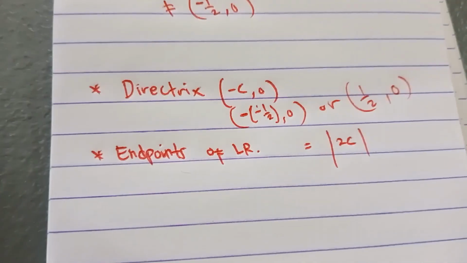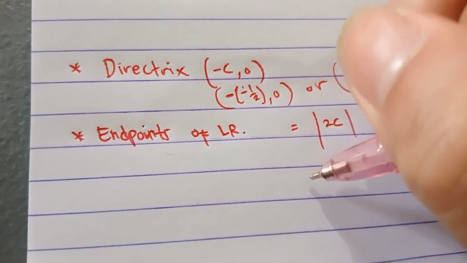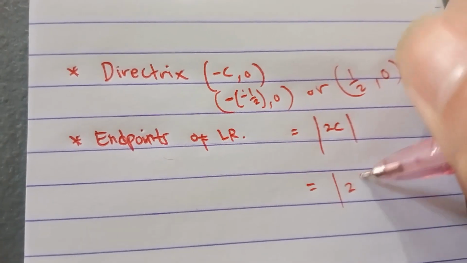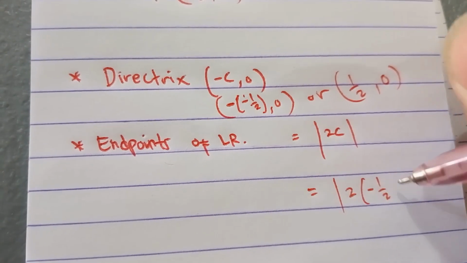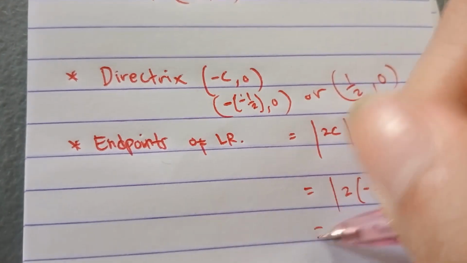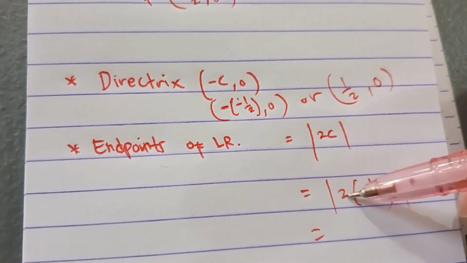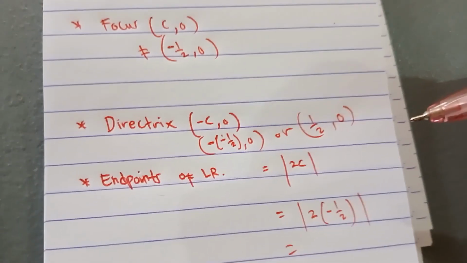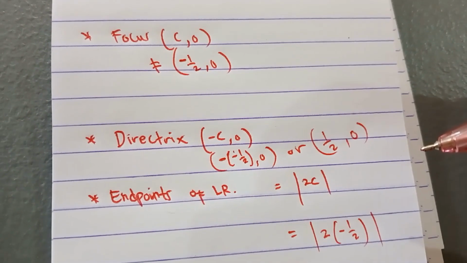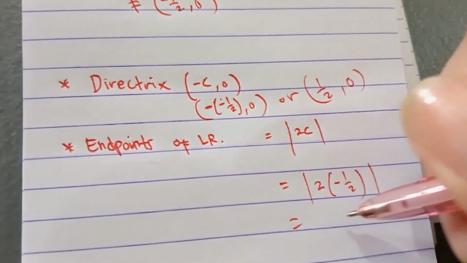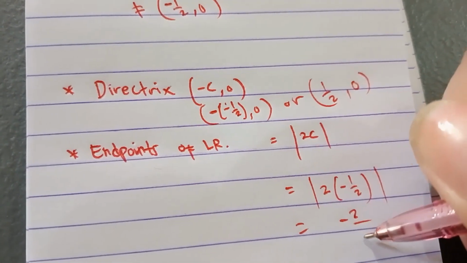And this time, we will find the value of the endpoints of latus rectum. Absolute value of 2c. So we all know that the value of c is negative 1/2. So 2 times negative 1/2 is negative 2 divided by 2. So the absolute value of negative 2 divided by 2.